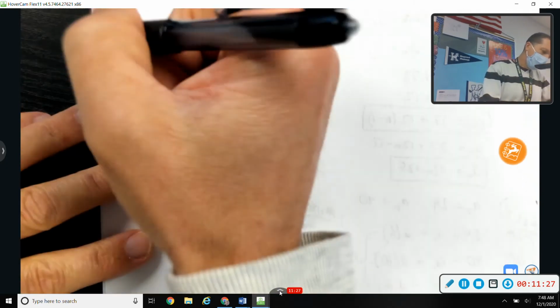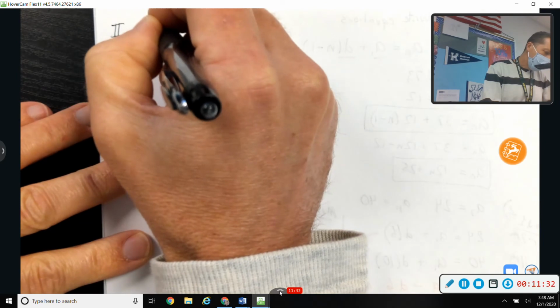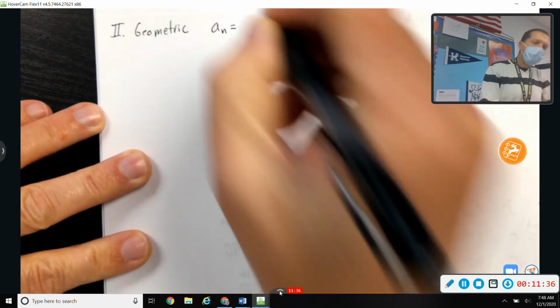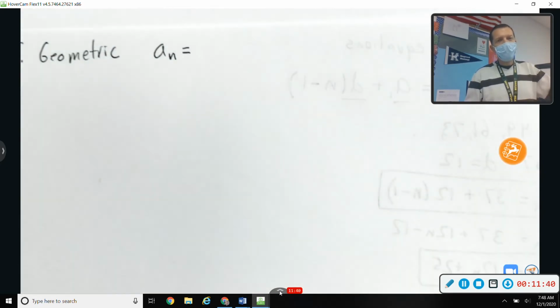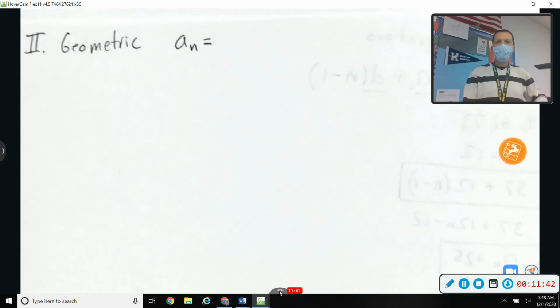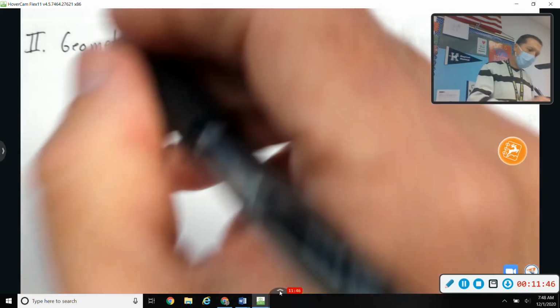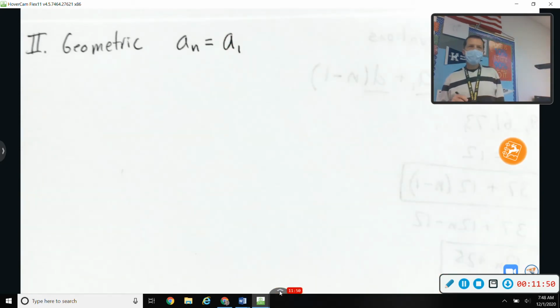Let's do the geometric section. Remember, to the trained eye, it's a somewhat similar formula. To an untrained non-math person, they would think they look nothing alike. But we know there's some similarities there. We start with A1. In arithmetic, we added each time.